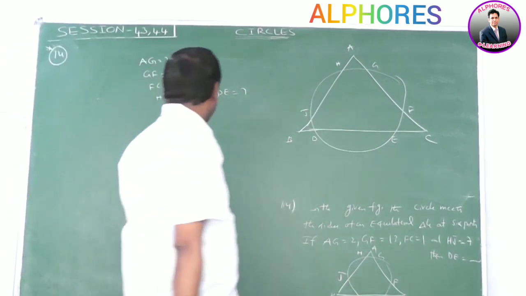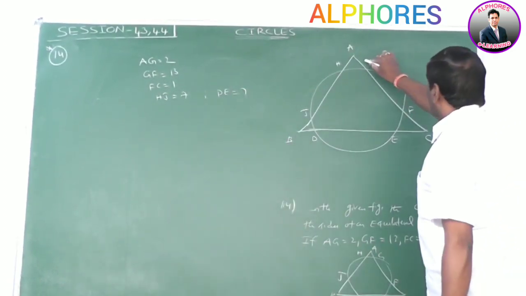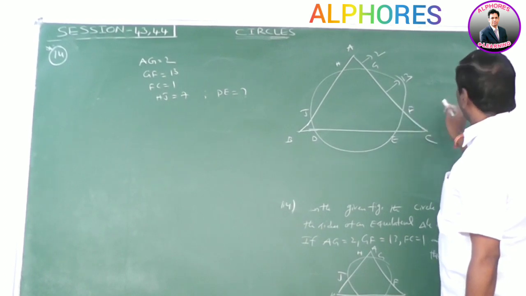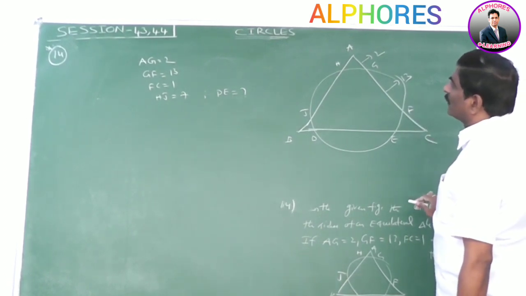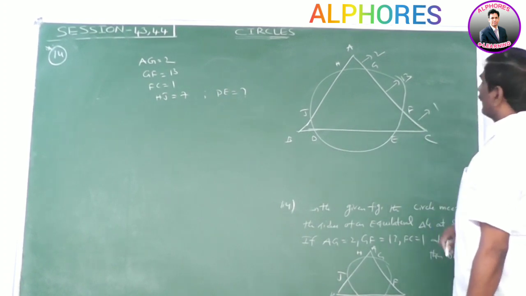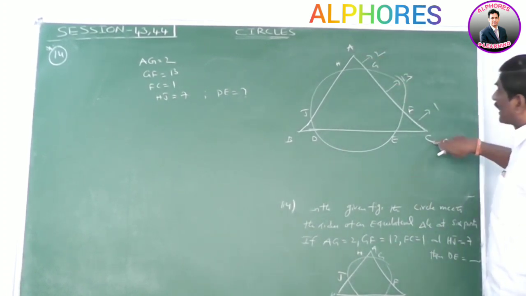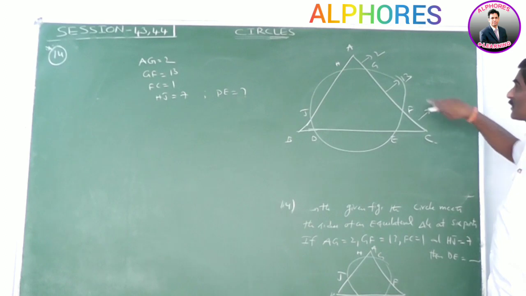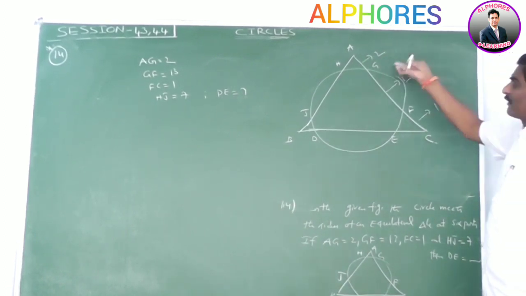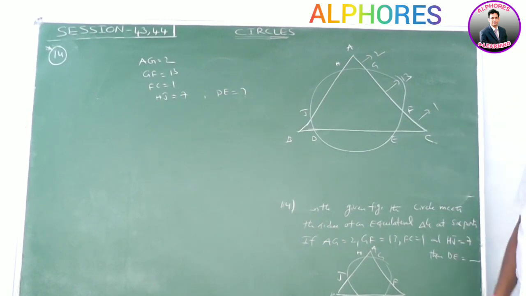Here what is the value of AG? AG is equal to 2. This value is 2. GF is equal to 13. This value is 13. Next AG, GF, FC. FC means this value. This is 1. That means the total value of AC means 2 plus 13 plus 1. That is one of the sides of the equilateral triangle. In an equilateral triangle AB is equal to BC is equal to AC. All sides are equal.